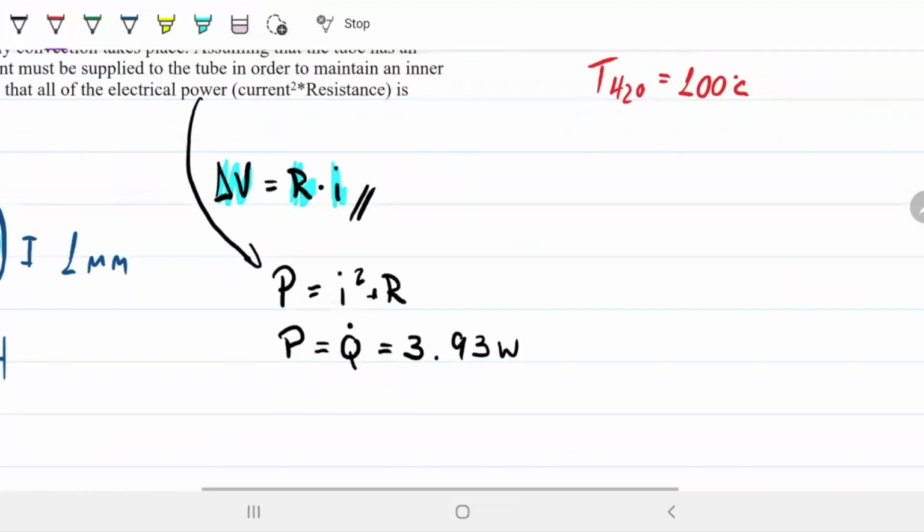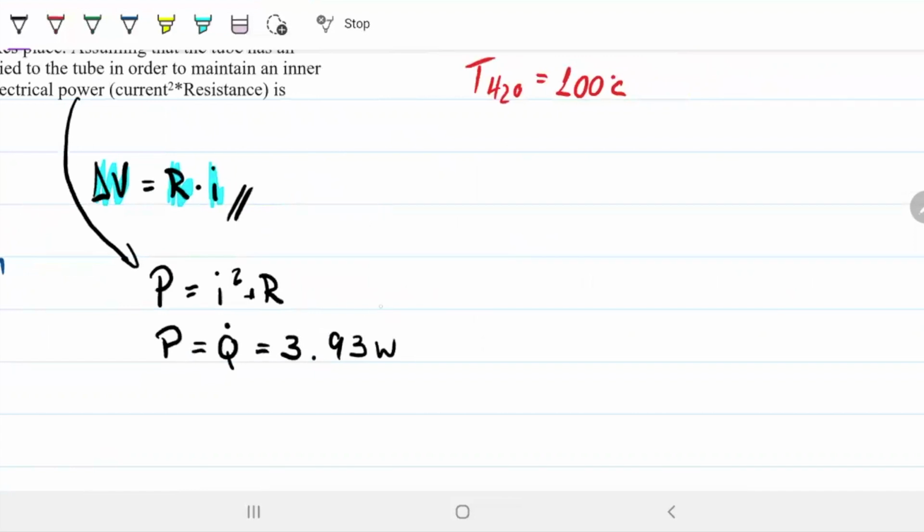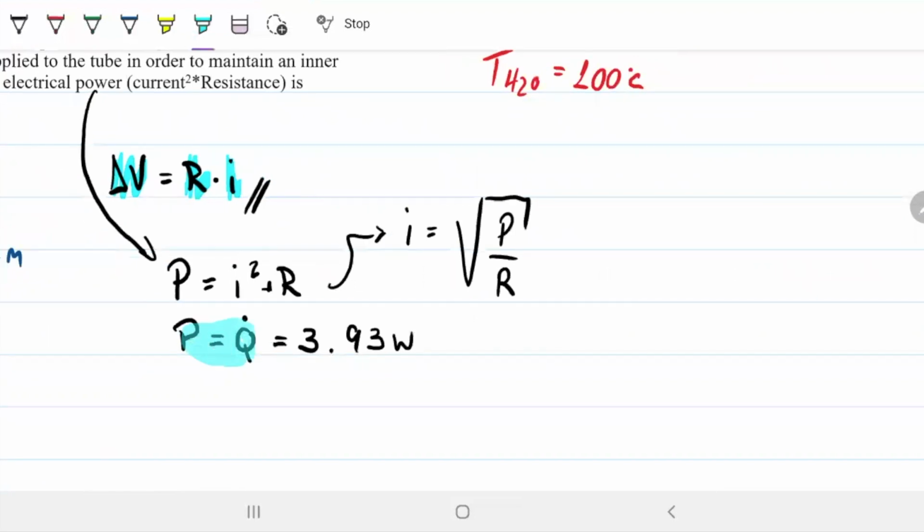So if you want to know what current needs to flow to reach that equilibrium state, we use this relation and say the current will be the square root of the power divided by the electrical resistance. Note that both are in watts, so that's fine. Then that will be the square root of 3.93 divided by 8 ohms.